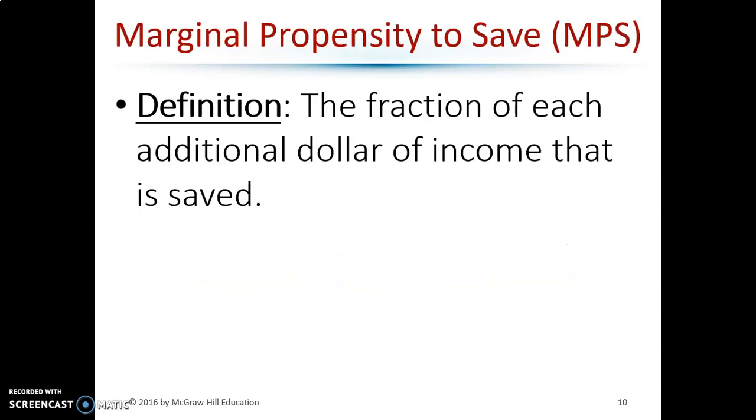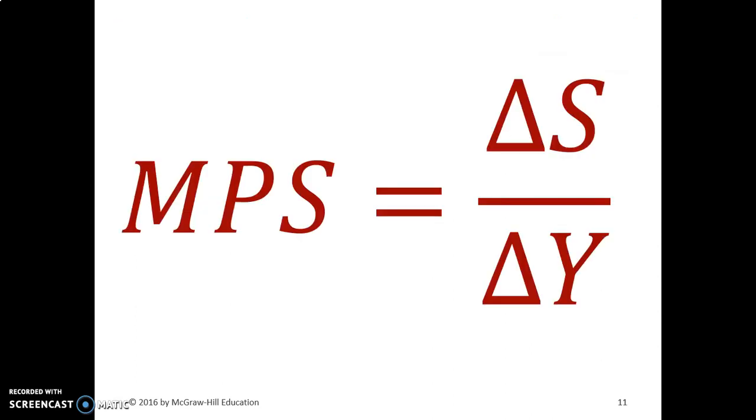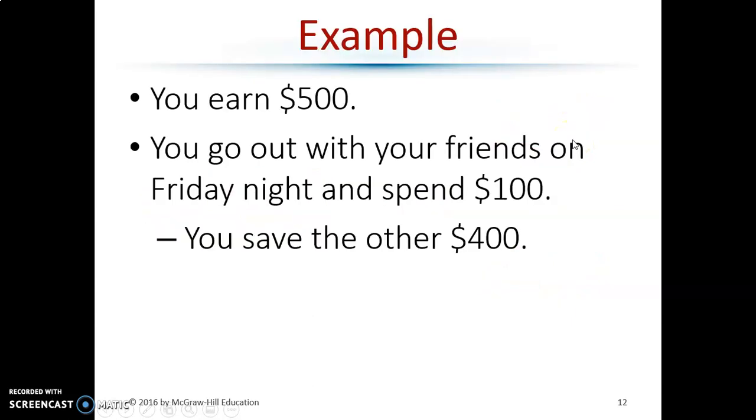Now, in addition to marginal propensity to consume, we have what is known as the marginal propensity to save. And it's exactly the same as marginal propensity to consume, only now we're focusing on how much you save. So the formula is exactly the same. Your change in income is the denominator, which is saying when this changes, what fraction of it are you going to save?